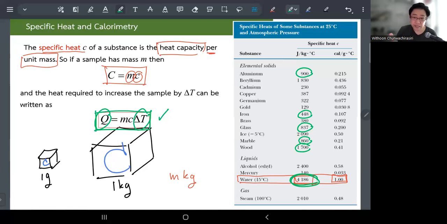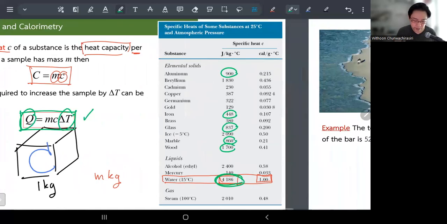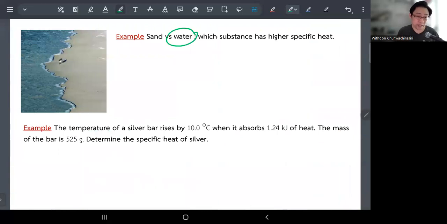So in this table, it turns out water has the biggest specific heat value. All right, guys. So just to make sure that now you understand the whole relationship between the heat, the Q, and the delta T, everything relies on the specific heat of that substance. Okay, let's take a look at a plug and play question, shall we?